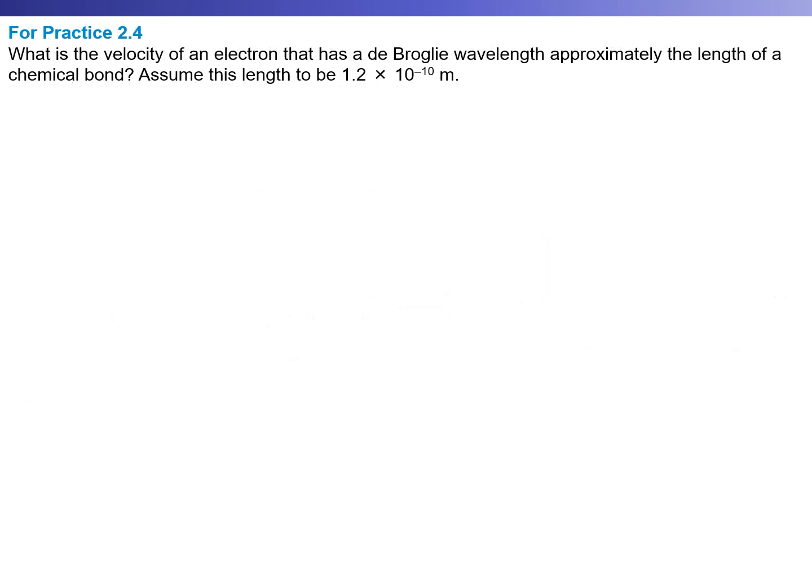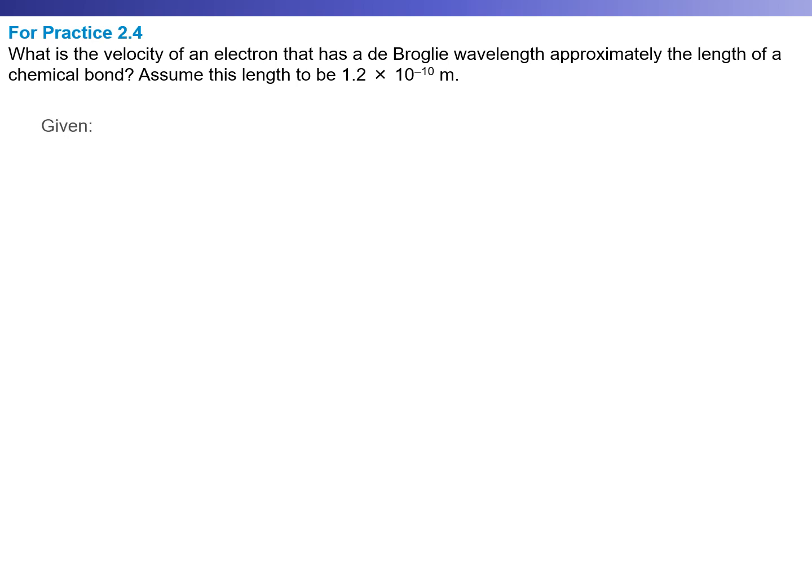Now in problem 2.4, they want us to use the de Broglie wavelength formula. The problem asks what the velocity is of an electron that has a de Broglie wavelength approximately equal to a chemical bond, and that value is 1.2 times 10 to the negative 10 meters.